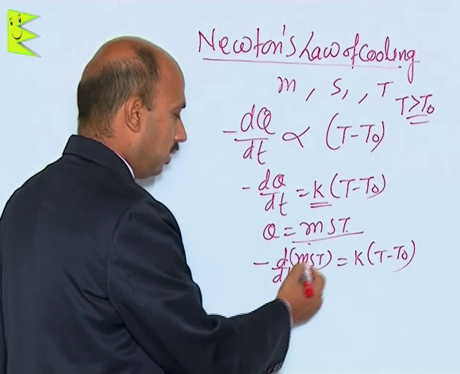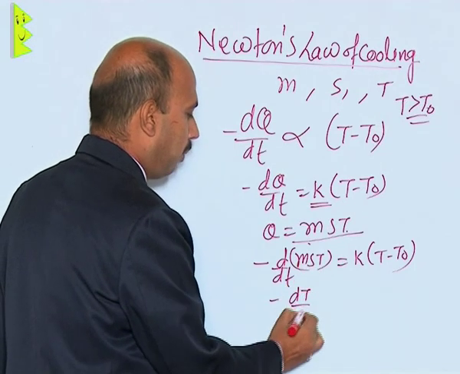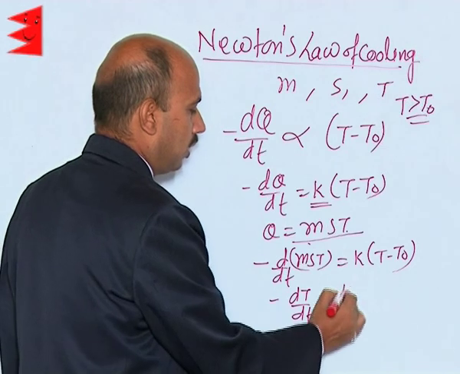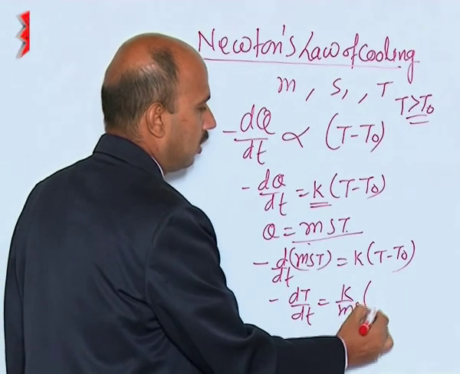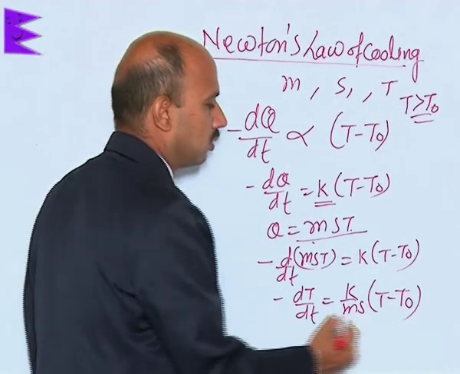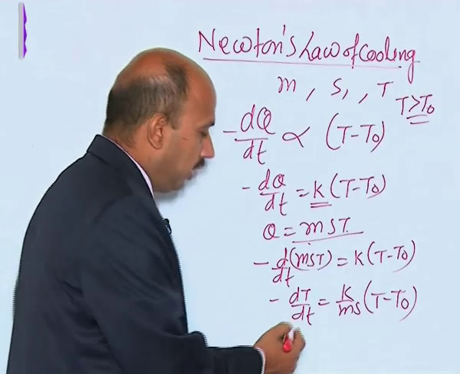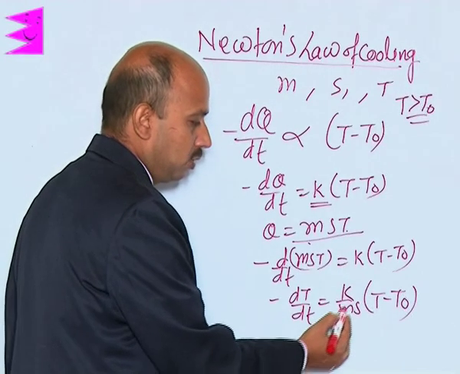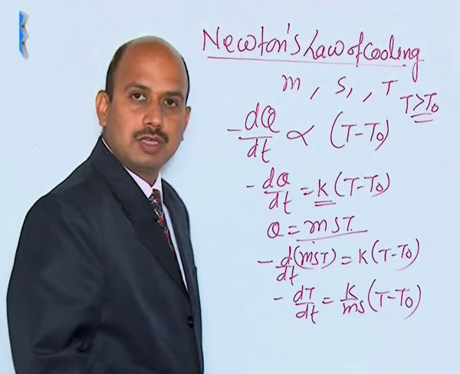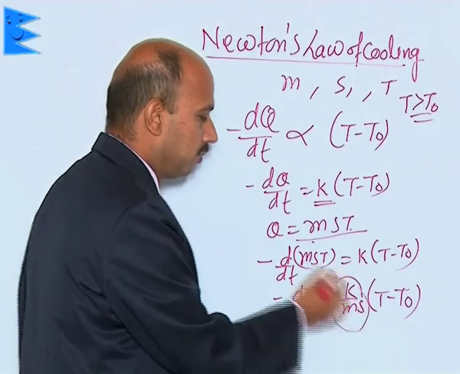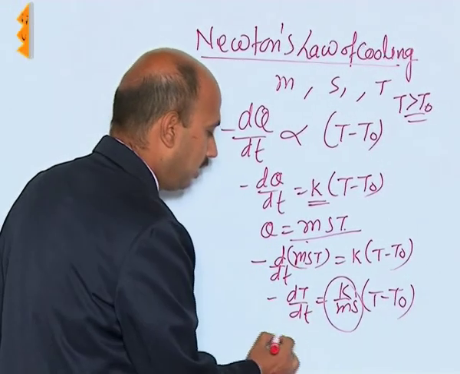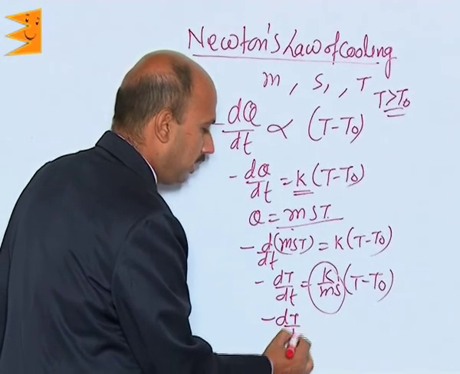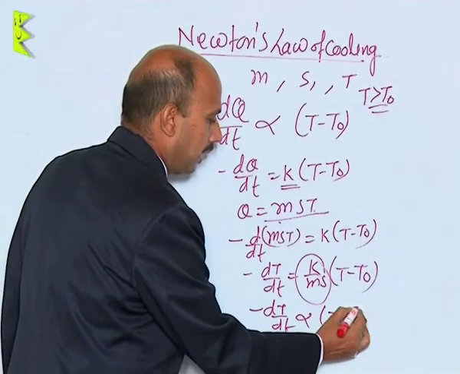So, we can write minus dT upon dt is equal to k upon mS into T minus T naught. Again this k upon mS is a constant here. So, we can write minus dT upon dt is proportional to T minus T naught.